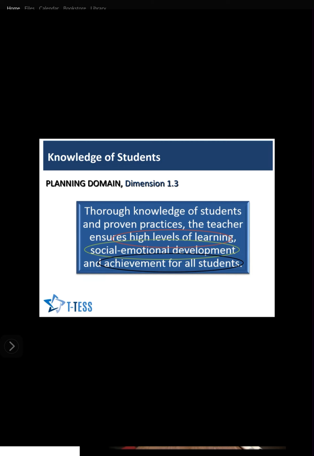In order to ensure student learning, therefore, teachers must know not only their content and its related pedagogy, but also the students to whom they will teach that content.